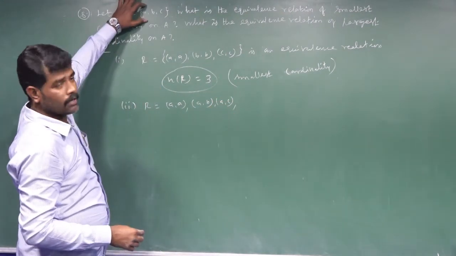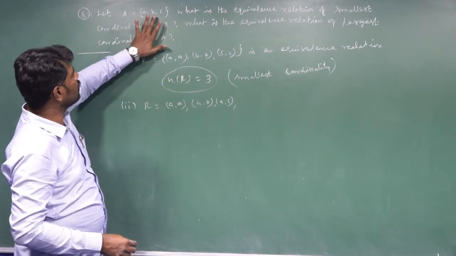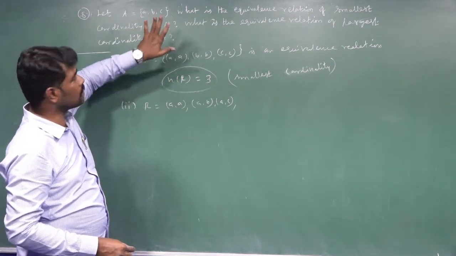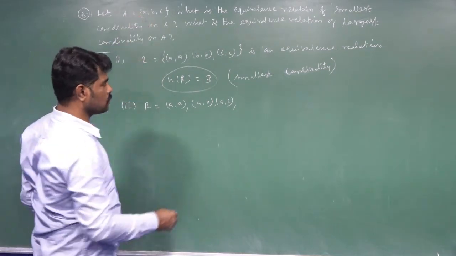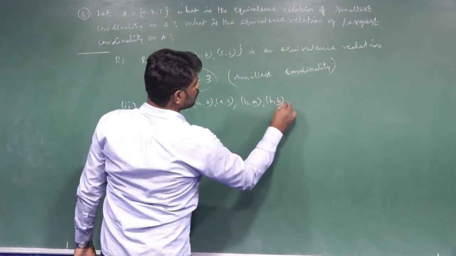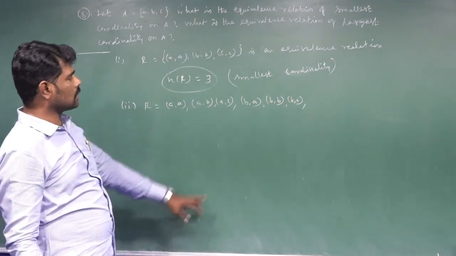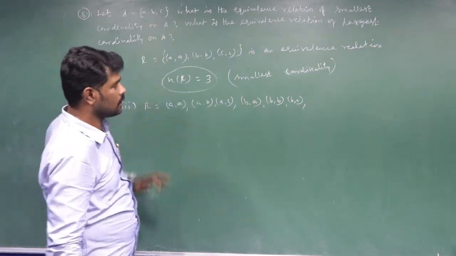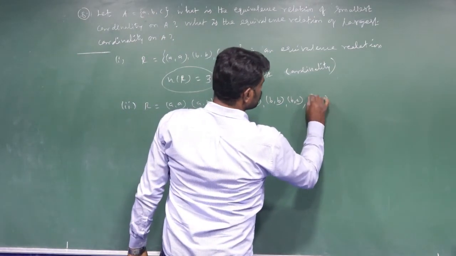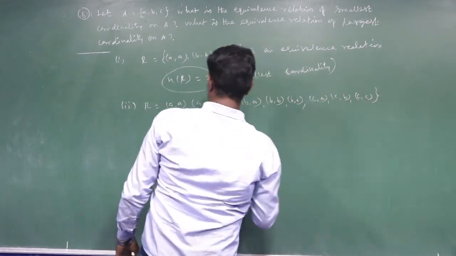A is the first element, and with it we wrote the pairs AA, AB, AC. Now it is completed. Then start with B: BA, BB, BC. Now the pairs started with B are completed. Then start with C: CA, CB, CC.